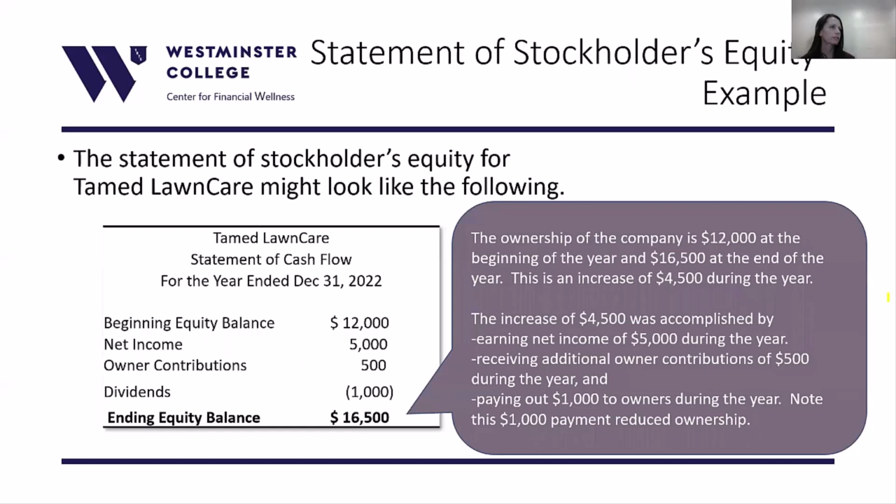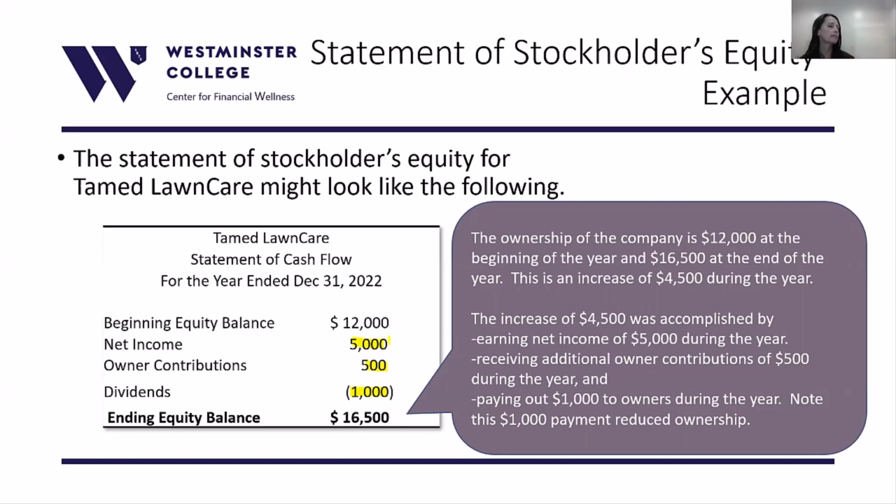All right, so here's our little lawn care company example. Very simple one. We have a company, December 31, 2022. Shows that their beginning equity was 12. They had some activities. These 3 items right here are the activities that happened during the year to get from 12,000 to 16,500.